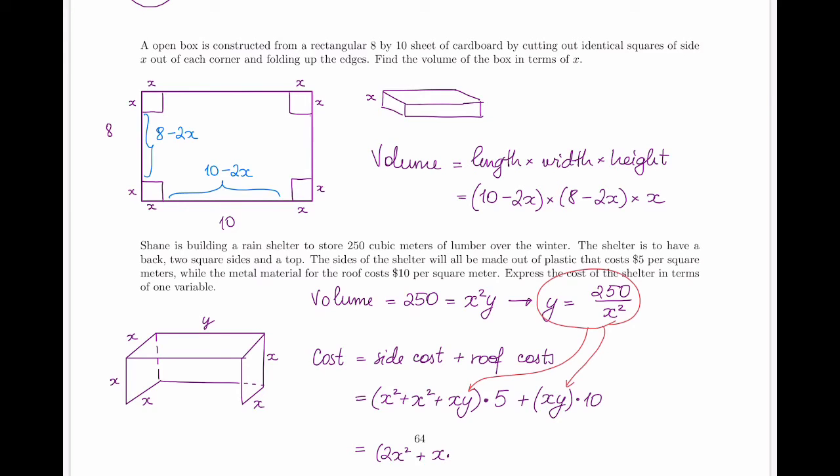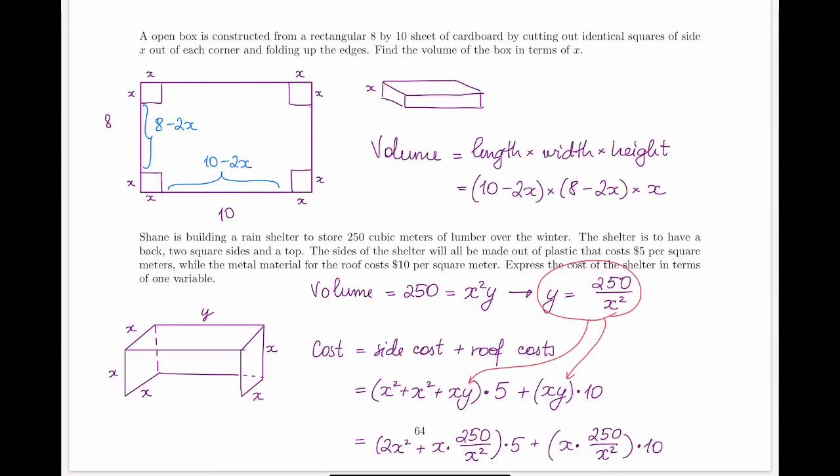Now my y is this expression, so 250 over x squared all times 5 plus x times y again, so x times 250 over x squared times 10. Now, of course, you can see that you can simplify these expressions, and in fact, if you start opening up the brackets, you will notice that you can simplify this entire expression a lot further. So I encourage you to do that. But for now, our task is complete. We've expressed the cost of the shelter in terms of one variable only, x.